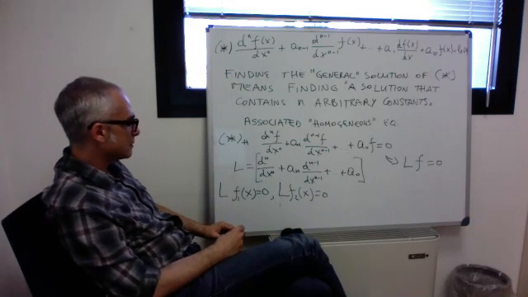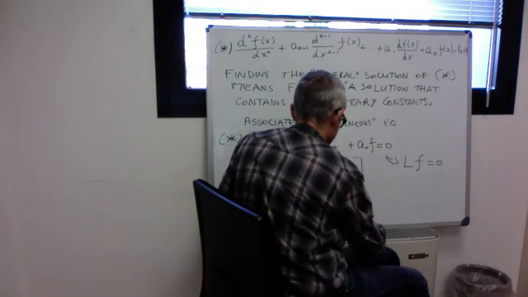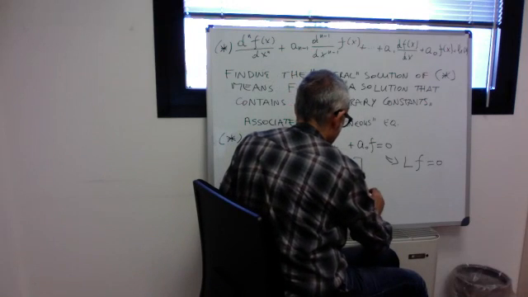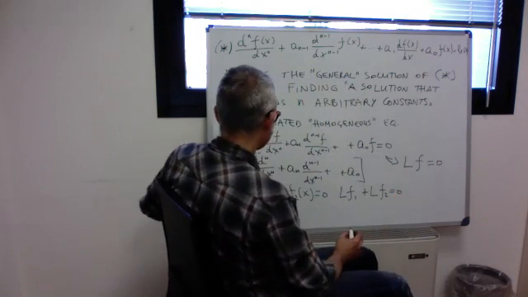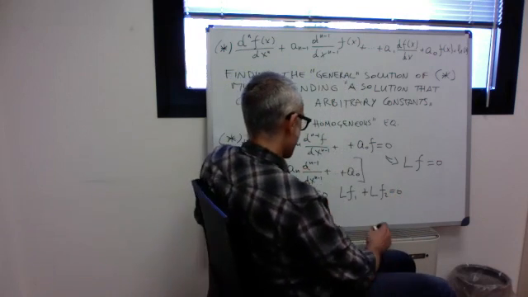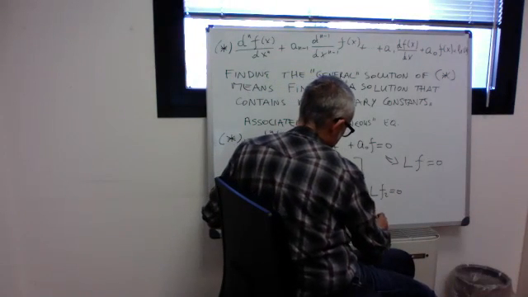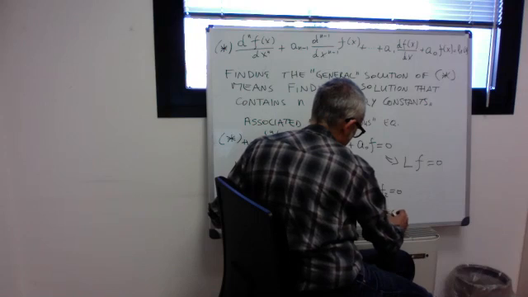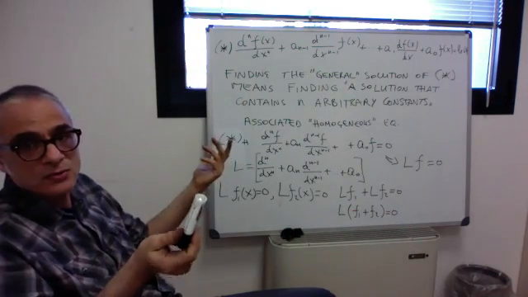But then this also means that if I sum LF1 plus LF2, I get 0. And because this is a linear operation, if I apply L to the sum of F1 plus F2, I also get 0.